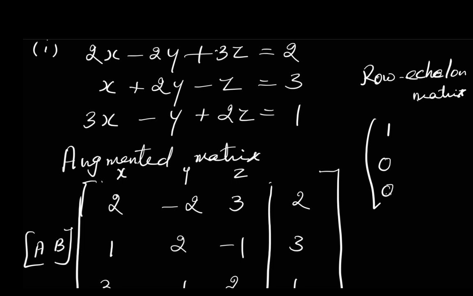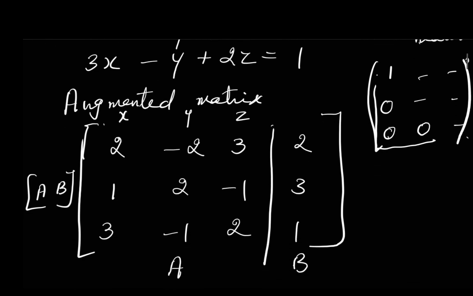In the second row, the first entry is 0, and in the third row, 2 entries should be equal to 0. So, this is the triangular form here. We can have any other constant in the other entries. So, I am going to bring this matrix A into this form.